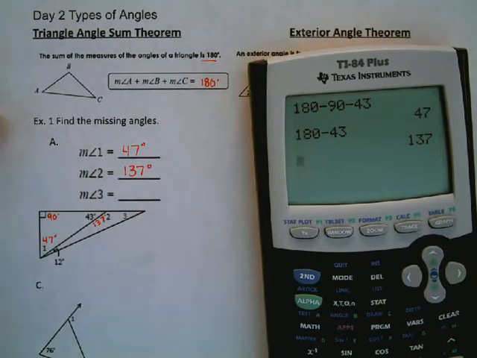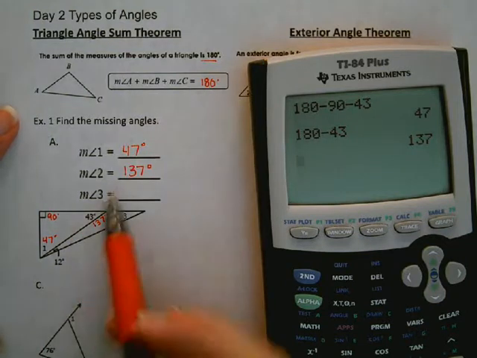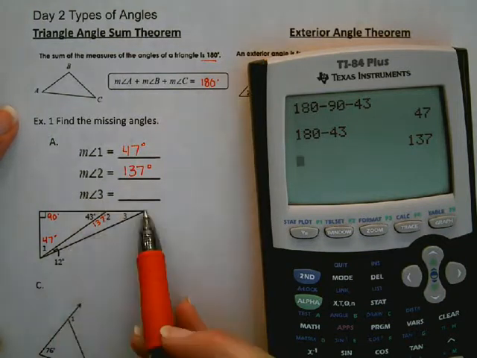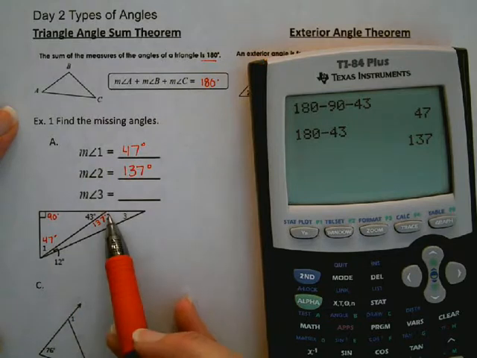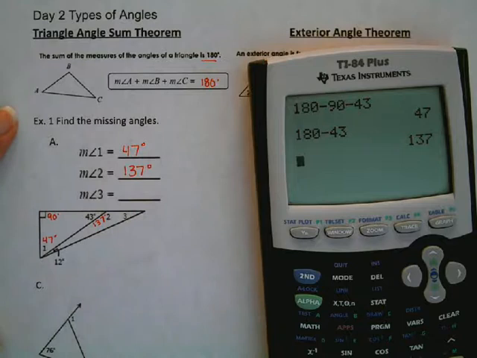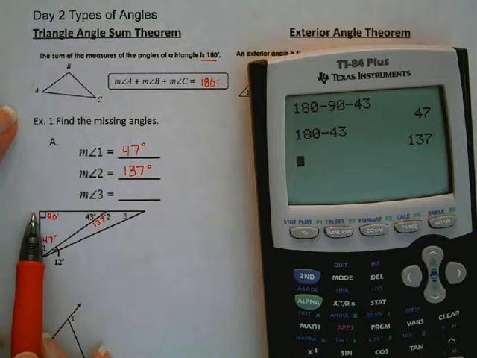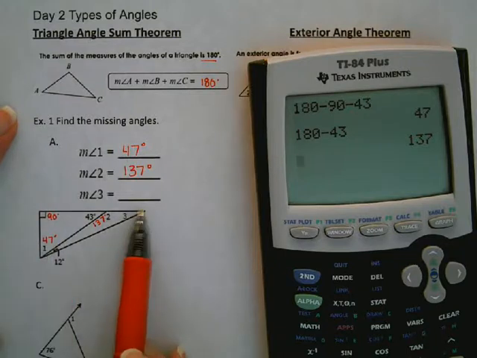And now, a couple different ways you could do this. You can think about this being a very skinny, obtuse triangle out here and do 12 plus 137 and subtract that from 180 to get angle 3. I've had students in the past see that this is one really big right triangle. So if they said 90 plus 47 plus 12, those all add up, and subtract from 180 to get angle 3.